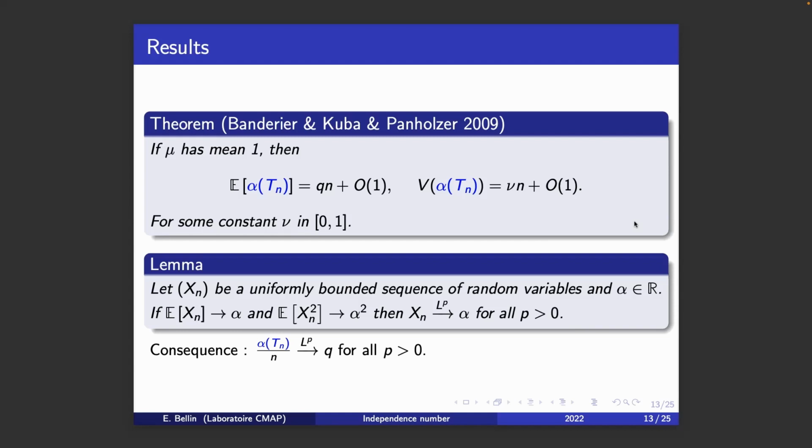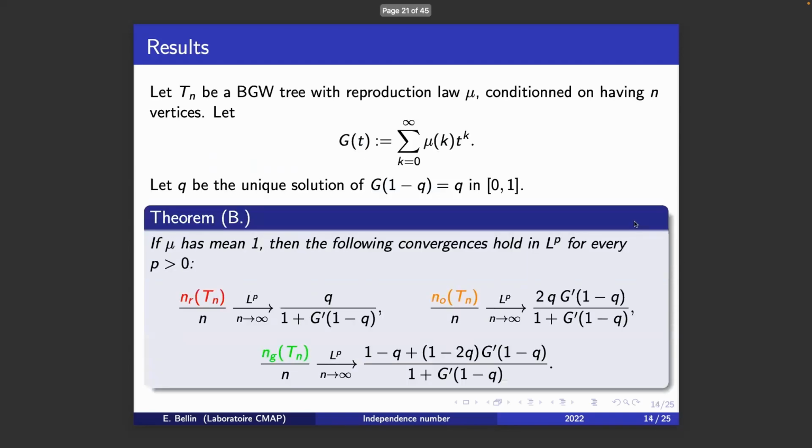So we would like a convergence in L^p spaces for those quantities. And this is exactly what we did. It turns out that in the same setup, in the critical case, we have the convergence in all L^p spaces of the number of red, orange, and green vertices divided by n towards some constants.